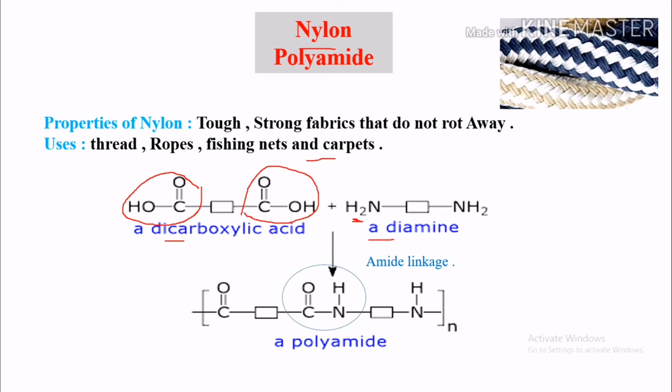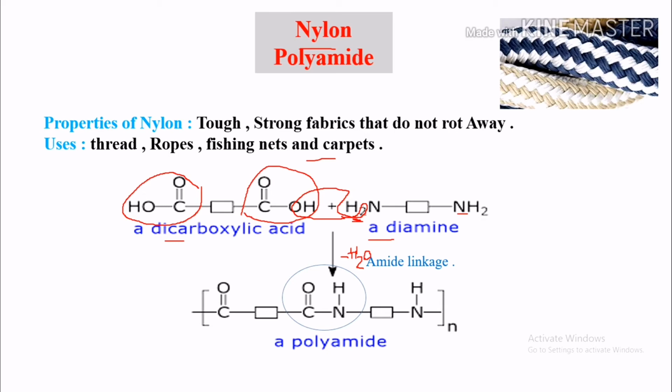Inside the diamine, we have two amino groups, two NH2 groups. By making a condensation reaction, we will remove one molecule of water, one molecule of H2O, to form a new amide linkage. By removing one molecule of water, H2O, the remaining will be C double bond O, NH. It is the amide linkage. Polyamide.